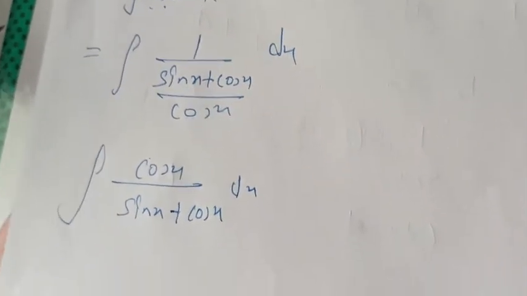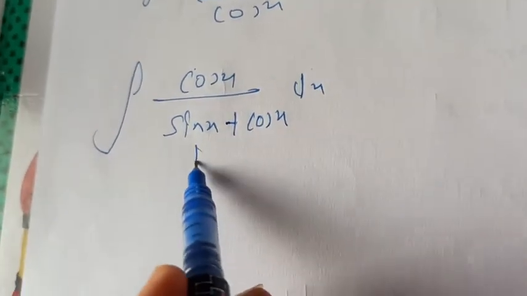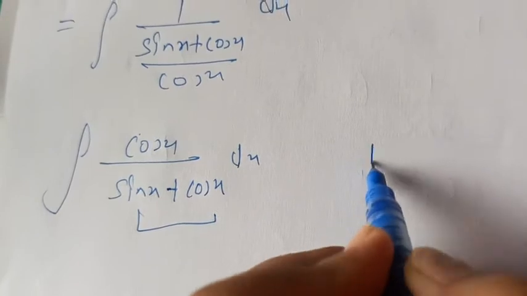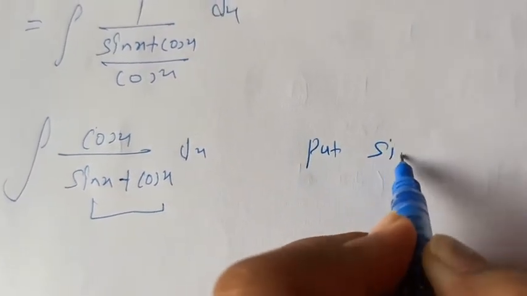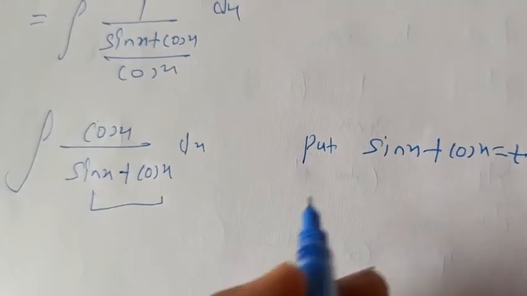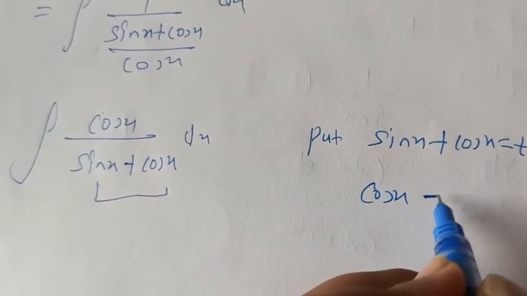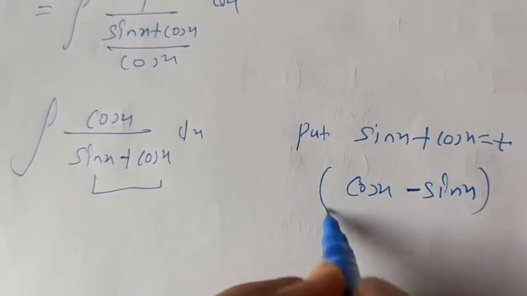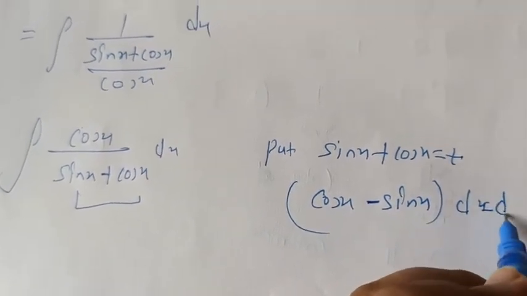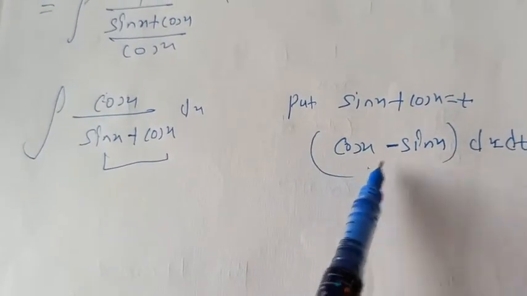We have discussed a question like this. If you put sin x plus cos x as t, derivative of sin is cos x, and derivative of cos x is minus sin x, so (cos x minus sin x) dx is equal to dt. I have cos x but I don't have sin x.